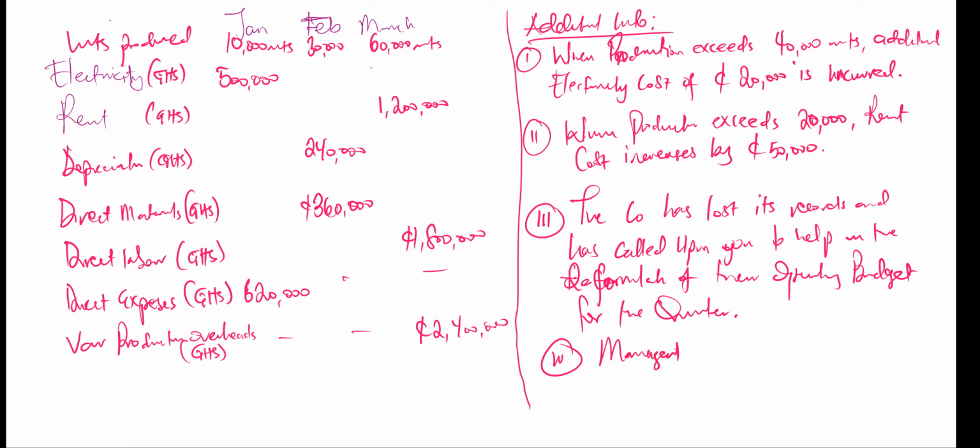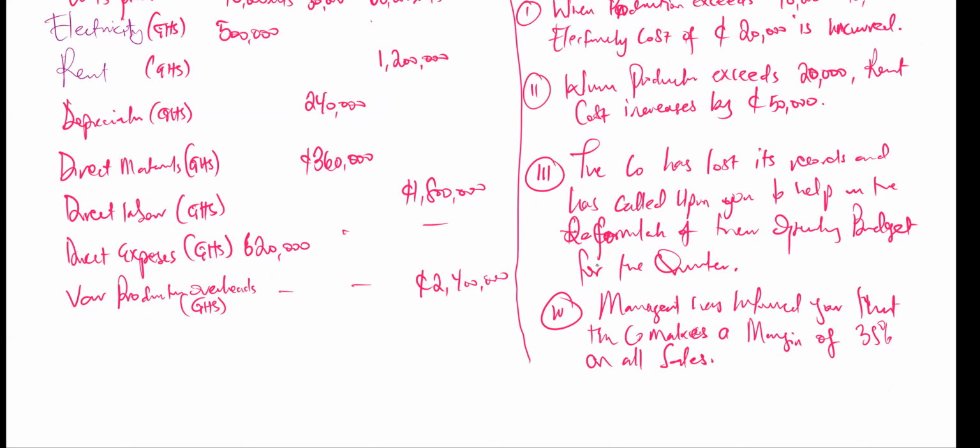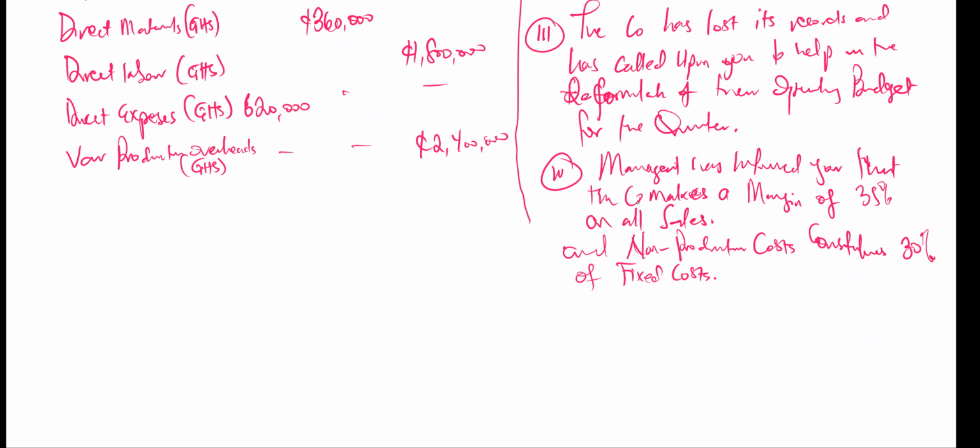Management has informed you that the company makes a margin of 35% on all sales, and non-production costs constitute 30% of fixed costs.